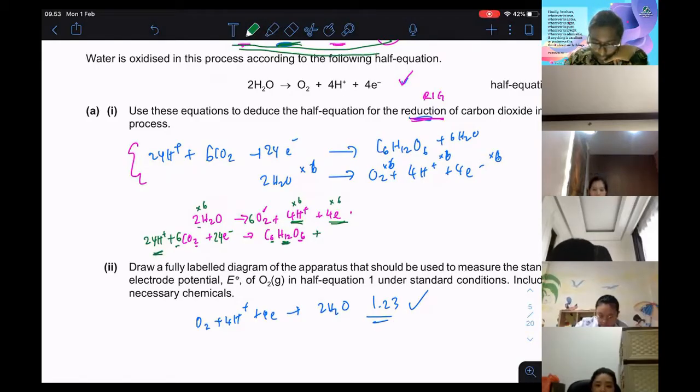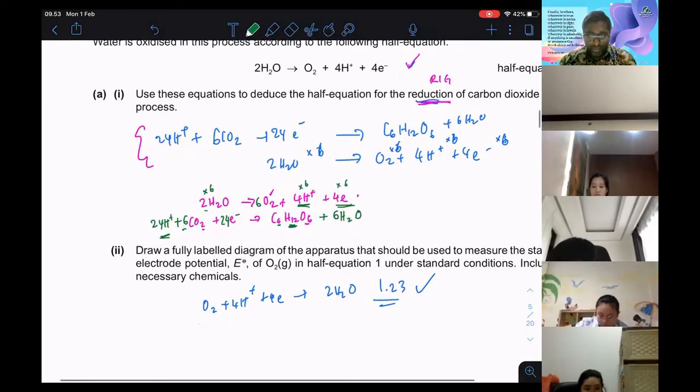So here there will be water that is going to be formed. How many? I need to form water so that when I deduct from 12 H2O, I'm only going to have 6 H2O. So the best way is to put 6 H2O here. So I get something like this.